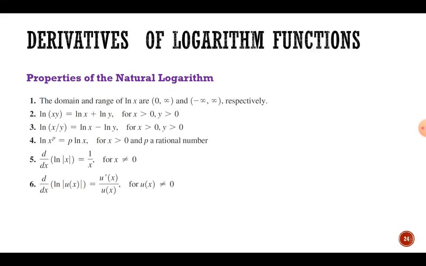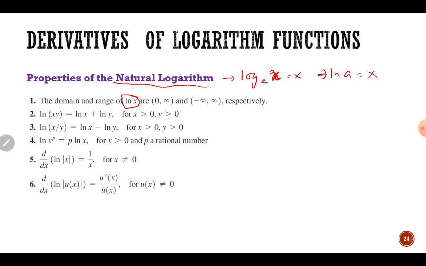So now have a look. Kat sini dia cakap, kita go through one by one properties of the natural logarithmic ni. Natural logarithmic ni maksudnya dia adalah log base E. Okay, katakanlah kita kata log A X is equals to log A base E ataupun ln A sama dengan X lah. Dia kata domain and range of ln X. Oh, dia guna ln X. Okay, saya tukar.